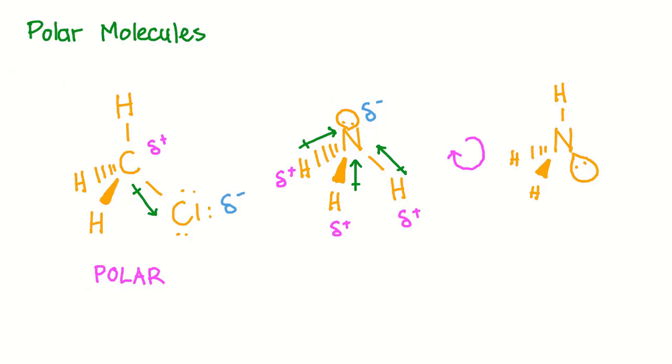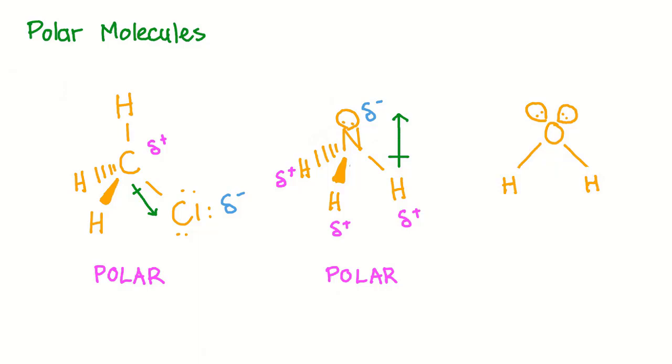We can imagine rotating this molecule so that the lone pair is in a different position, and we can see that this molecule doesn't look the same as before. This means that the dipoles won't be able to cancel each other out. There will be a net dipole towards the nitrogen still, meaning that the molecule is polar.